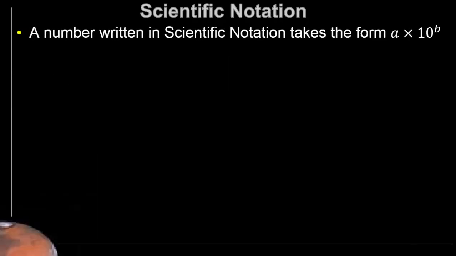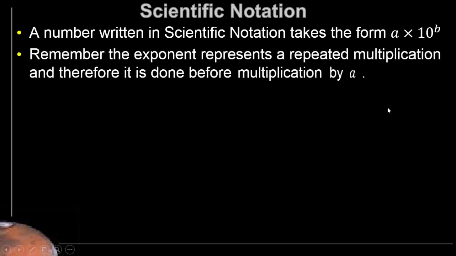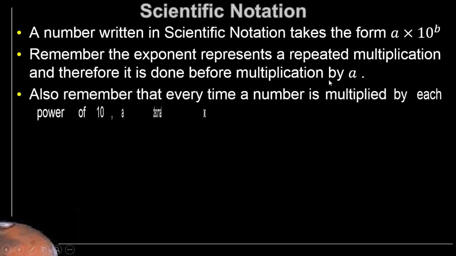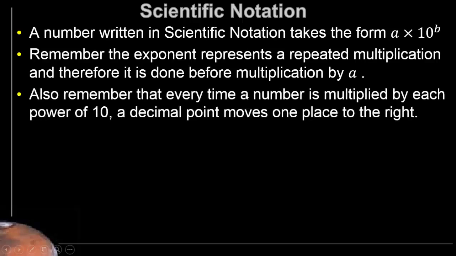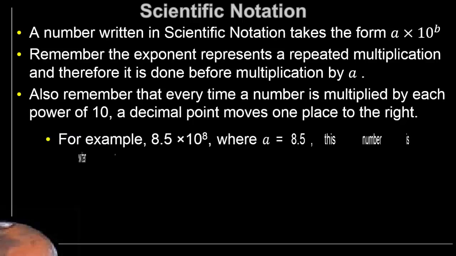A number written in scientific notation takes the form a times 10 to the b power. Remember, the exponent represents a repeated multiplication, and therefore it is done before the multiplication by a. Also remember that every time a number is multiplied by each power of 10, the decimal point moves one place to the right.